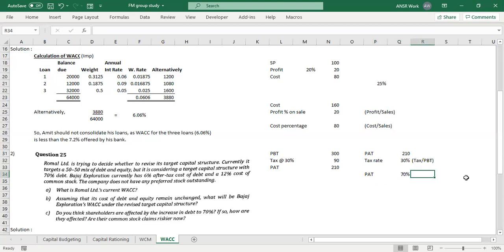So it will be PAT divided by PBT, 70%. You have PAT 210. Calculate the PBT. Yes, it's 300. Absolutely correct.